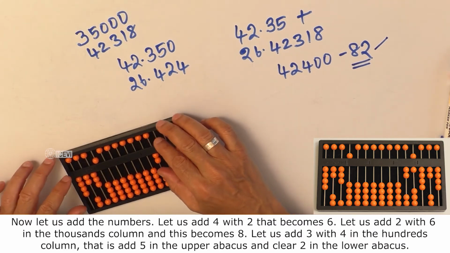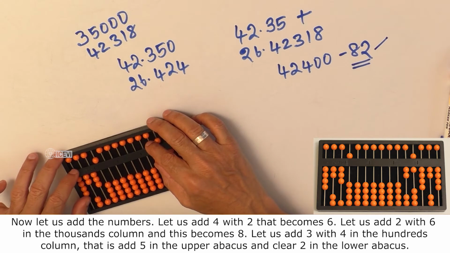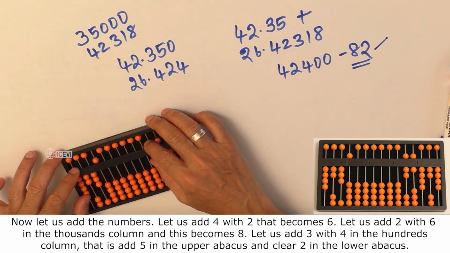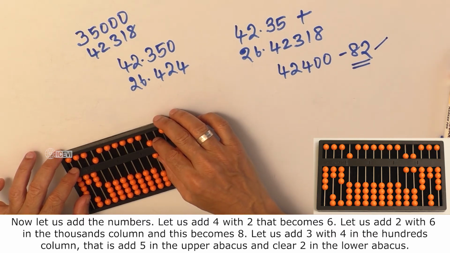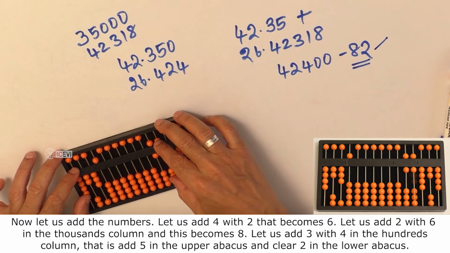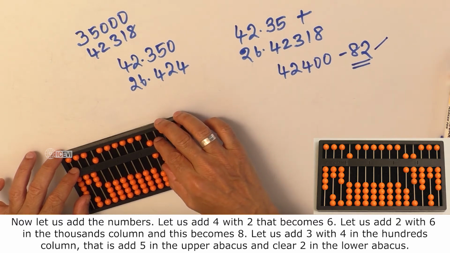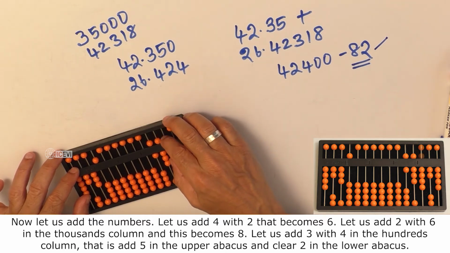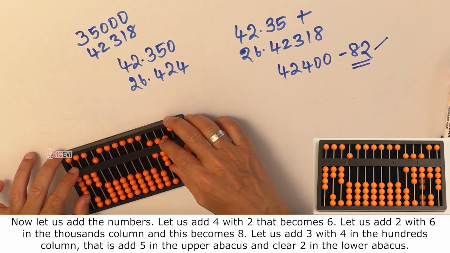Now let us add the numbers. Let us add 4 with 2, that becomes 6. Let us add 2 with 6 in the thousands column, and this becomes 8. Let us add 3 with 4 in the hundreds column, that is add 5 in the upper abacus and clear 2 in the lower abacus.